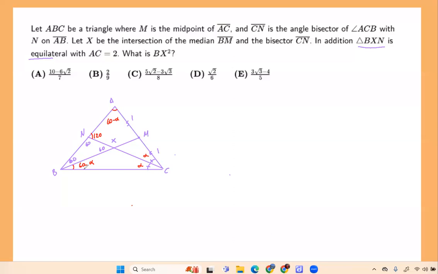To get 180, we need another 60, but we have to eliminate this part, so we subtract alpha. Or we can add this angle by this, which gives us 120 minus alpha, which has to be this angle. Or you can say this is going to be 60 plus alpha, because we got 60, 60 minus alpha, which is 120 minus alpha.